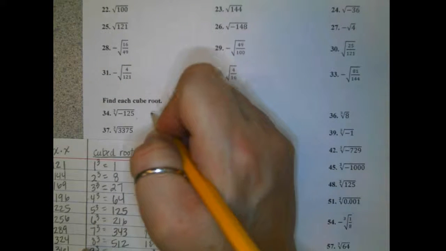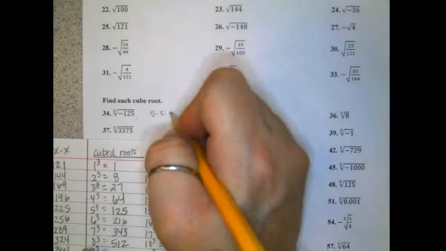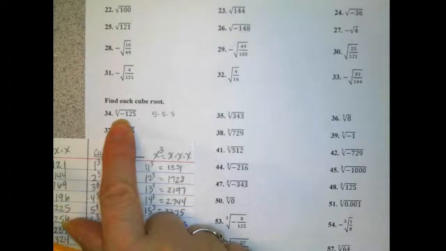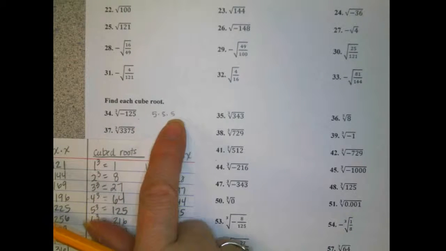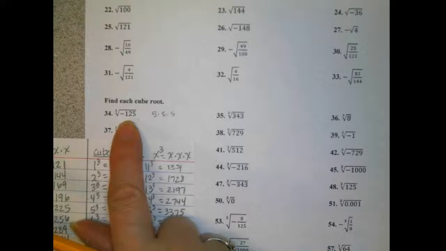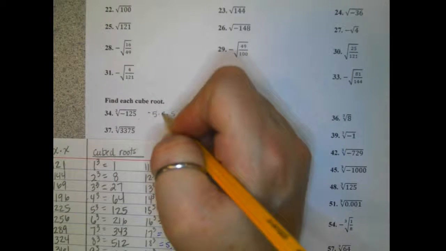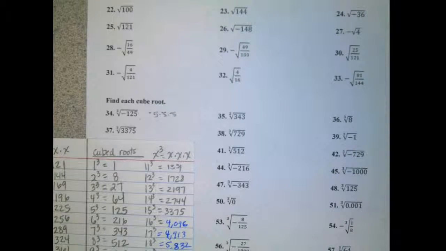So it's going to be 5 times 5 times 5. But do you notice that there is a negative sign inside here? Negative 125. So does 5 times 5 times 5 equal negative 125? No. What if I said negative 5 times negative 5 times negative 5? What is that going to give me?